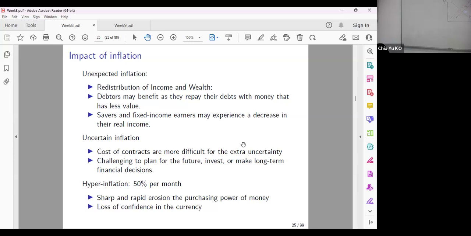Because it takes a long time for this to adjust, debtors, insurance holders, pensioners, all those people actually lose, and those people who speculate win. So that's why it's called the fundamental root of the problem in many places in the world.